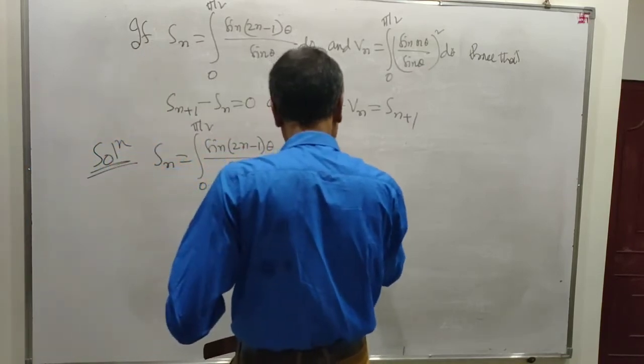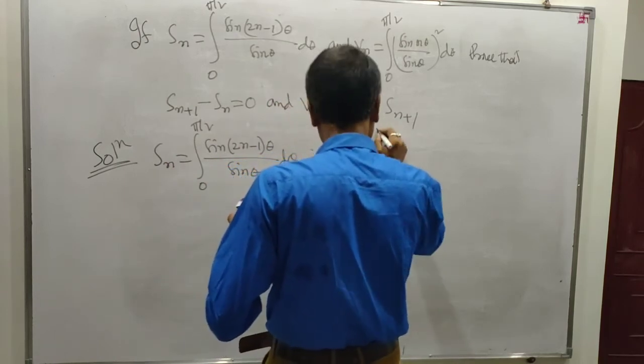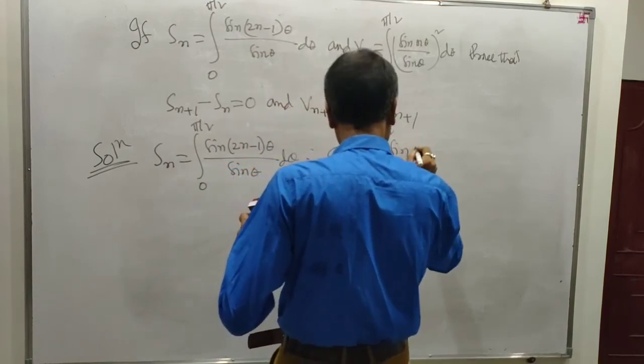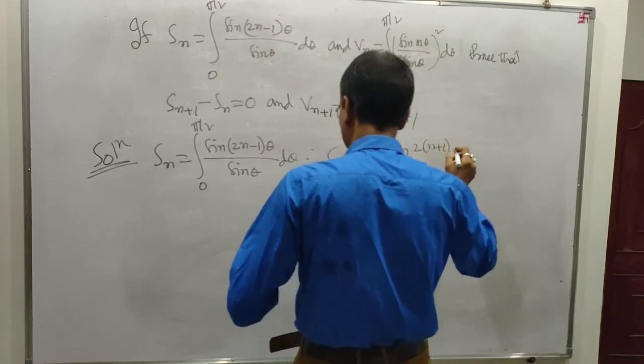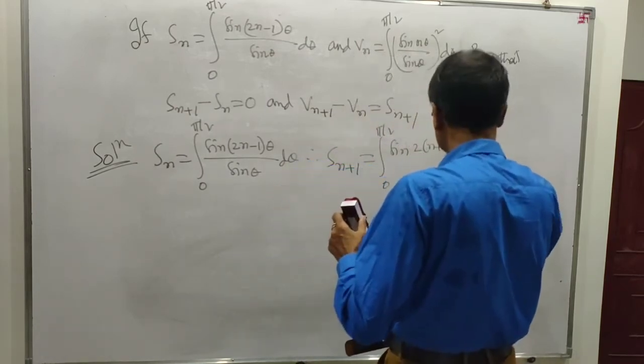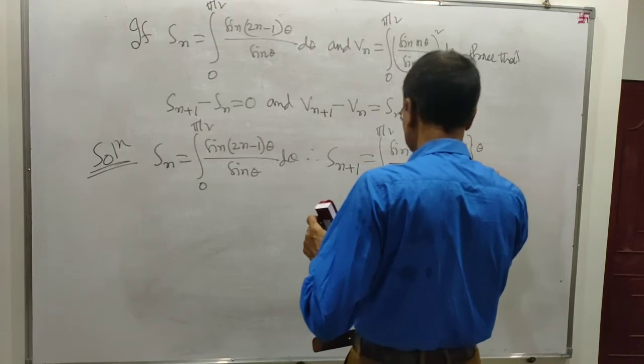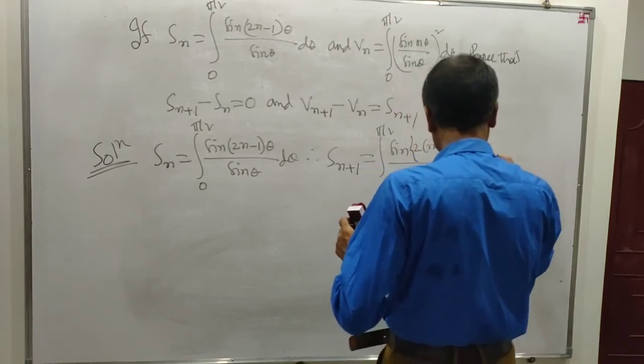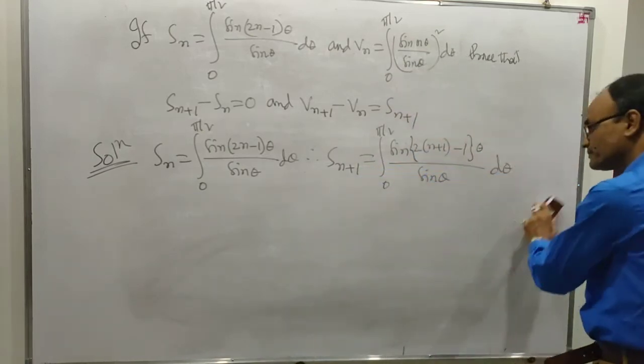Therefore, Sn plus 1 will be equal to what? 0 to pi by 2 sine 2 times of n plus 1 minus 1 theta divided by sine theta d theta. Am I right?